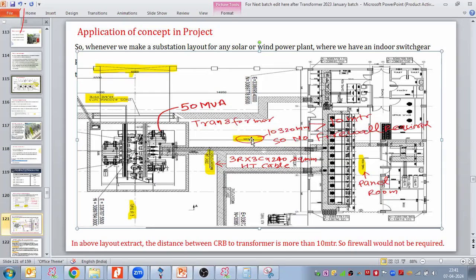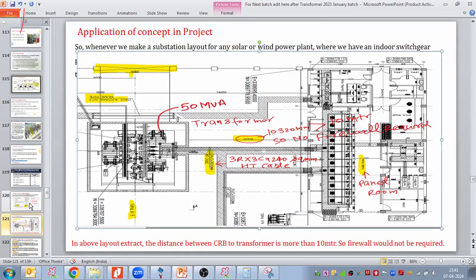Could I reduce below 10,320 millimeter? Because I'm using the cable, I want to keep it as close as possible so that I can minimize the cable length, and then I can minimize the cable cost as well. Could I minimize this? No, we need to maintain minimum 10 meter.